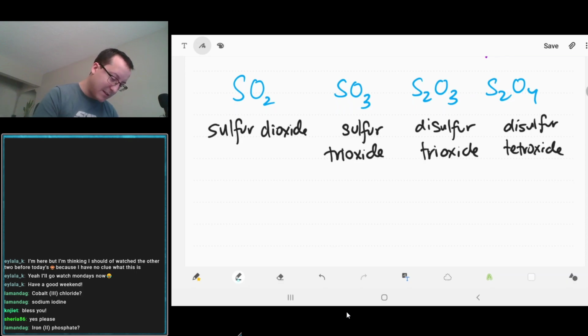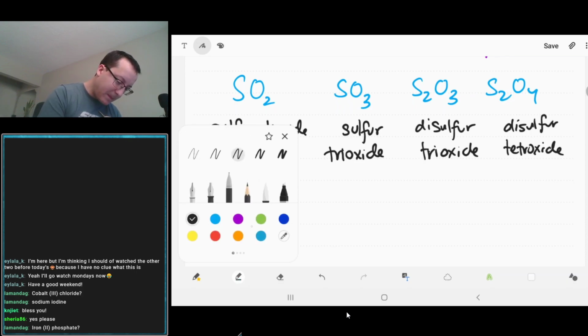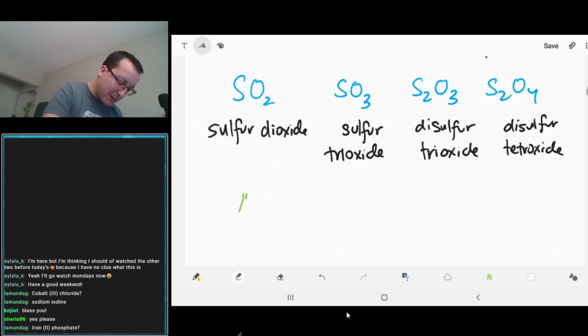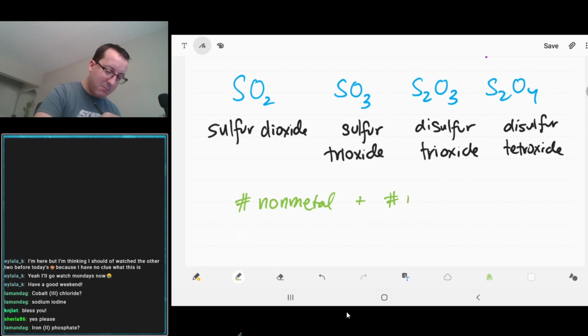So how we name these things is we put the number of the first nonmetal. Why did I put an underline? And then the number of the second nonmetal. And then we do it with the -ide ending.